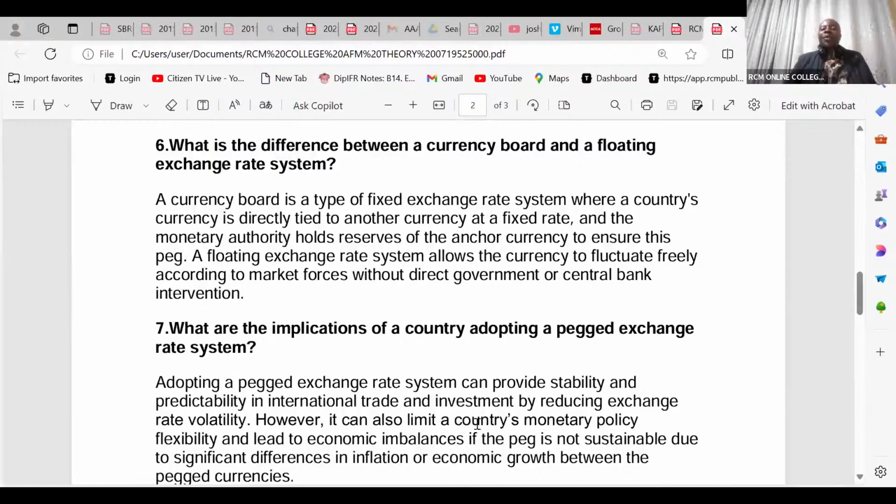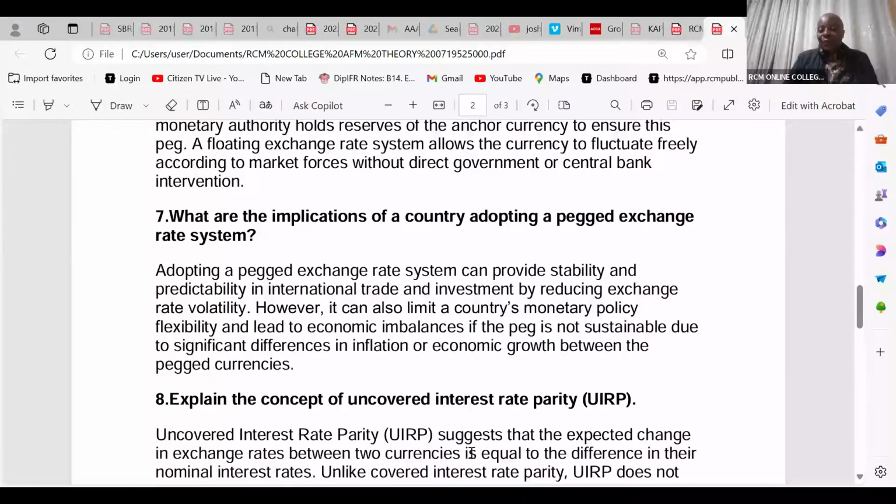However, it can also limit a country's monetary policy flexibility and lead to economic imbalances if the peg is not sustainable due to significant differences in inflation or economic growth between the pegged currencies. Now, ladies and gentlemen, please listen. The biggest concern: if, for example, Kenya today was to peg the currency permanently to the dollar, and then they say we are not moving.